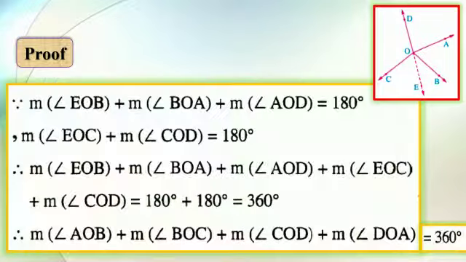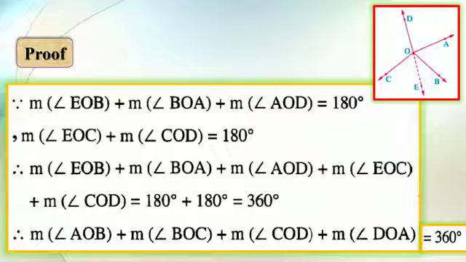Okay, so our proof now, since the measure of angle EOB plus the measure of angle BOA plus the measure of angle AOD equals 180. When I construct here this ray, it becomes a straight line, DE.